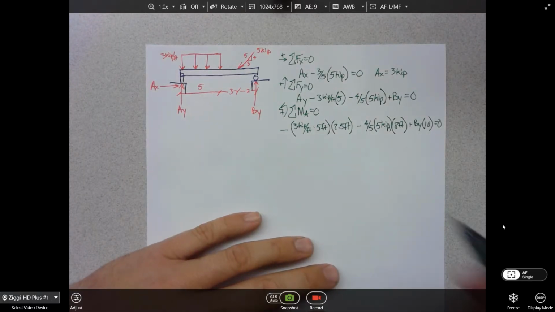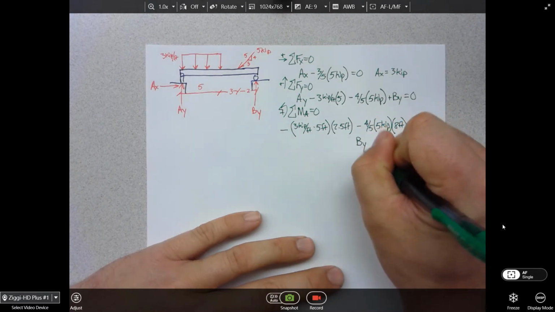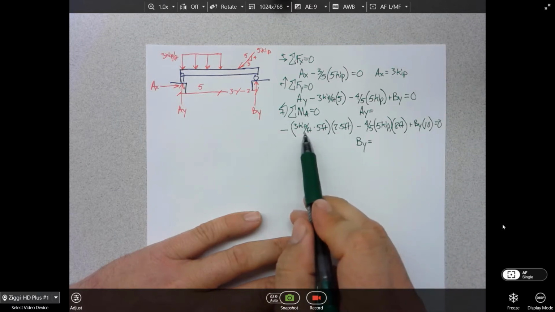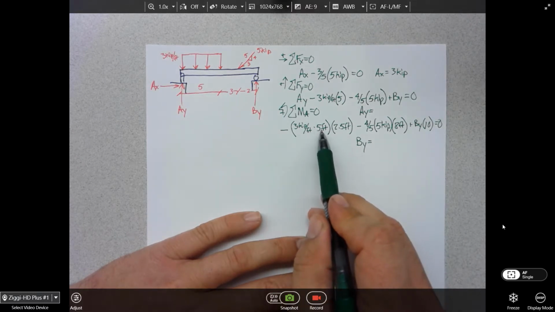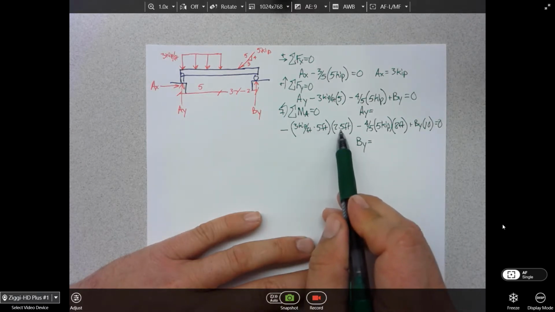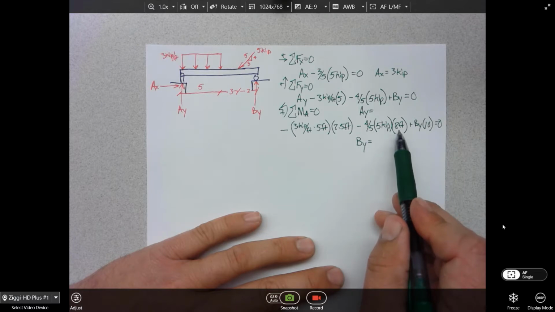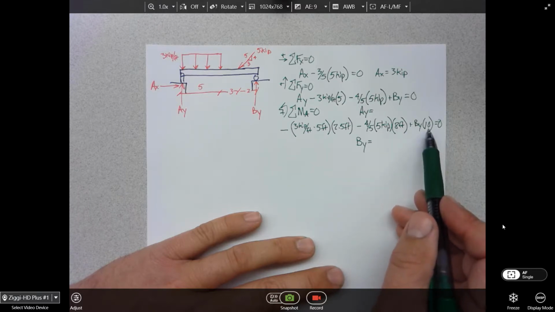If you did, anyone get a value for By and Ay? We'll have 3 times 5 is 15, times 2.5 is 37.5, minus 4 times 8, which is 32. So it would be negative 69.5 divided by 10.